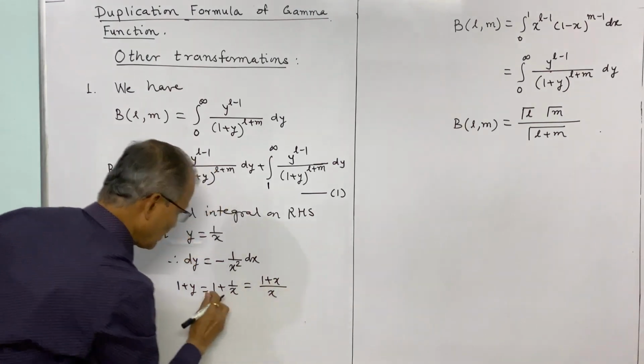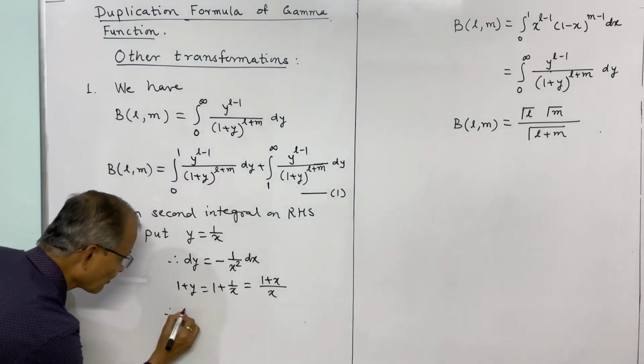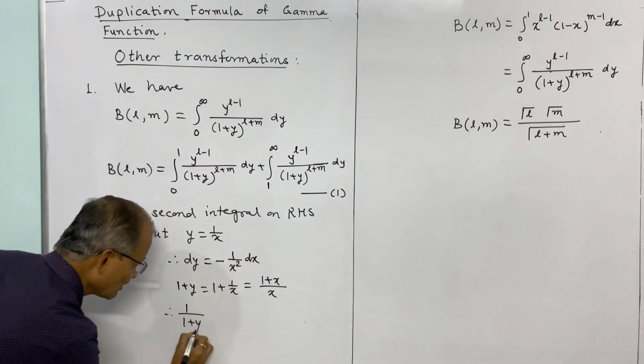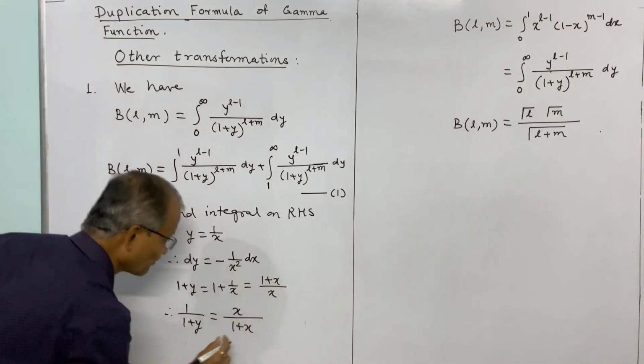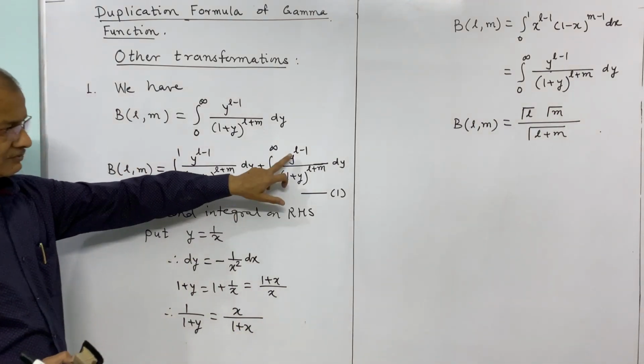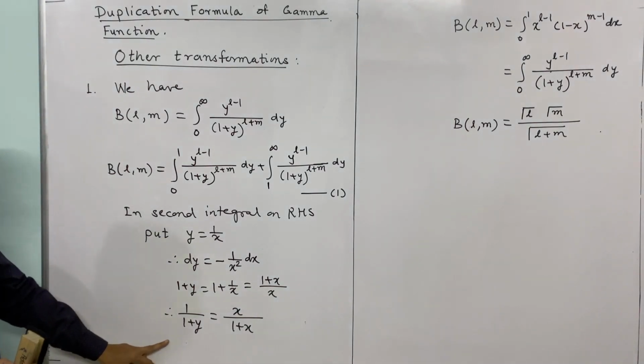Check this addition. What will be the reciprocal of this? Therefore 1 upon 1 plus y will be x divided by 1 plus x, because we want 1 plus y in the denominator. So this is the term we have.